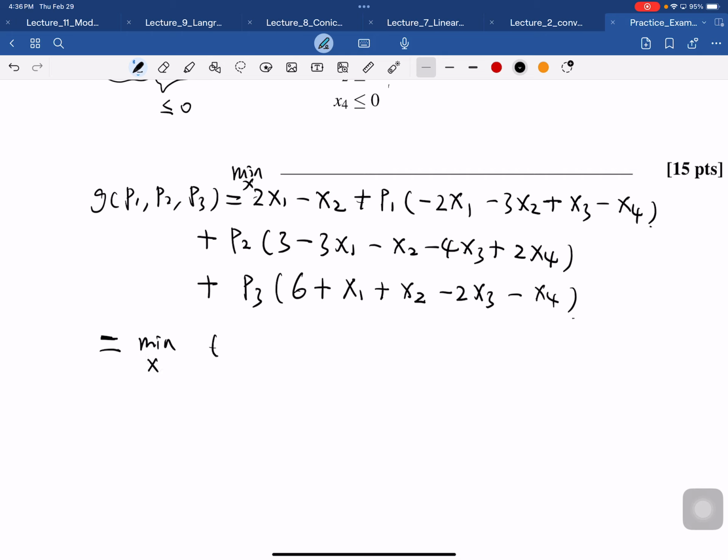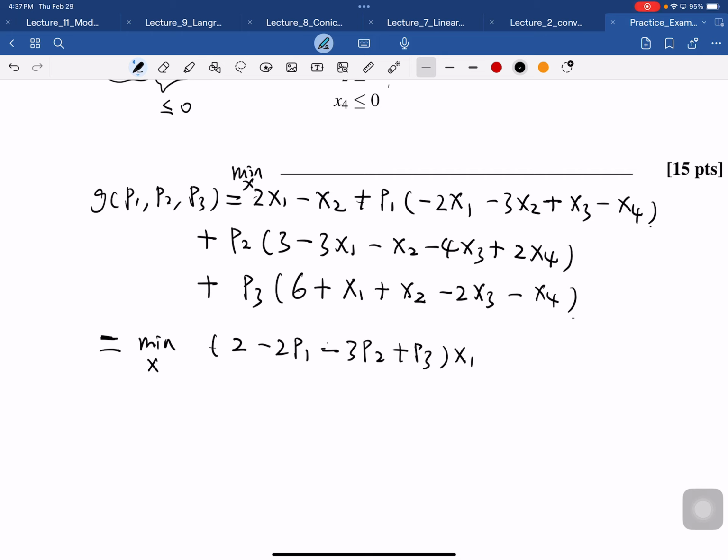The coefficients for x1 would be, since we have a minimization problem, minimize over all the x: 2 minus P1 minus 3P2, and then plus P3 times x1, right?